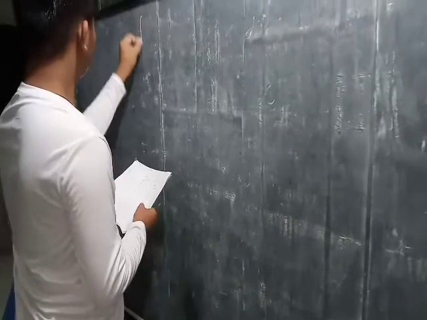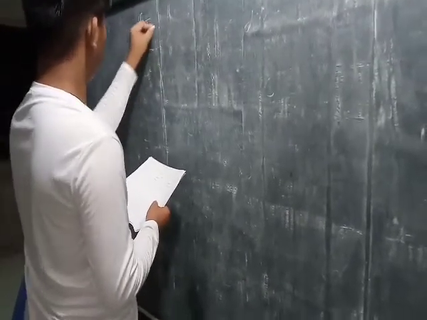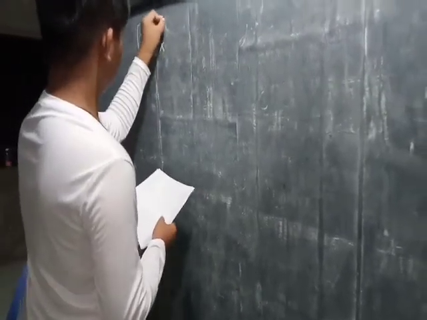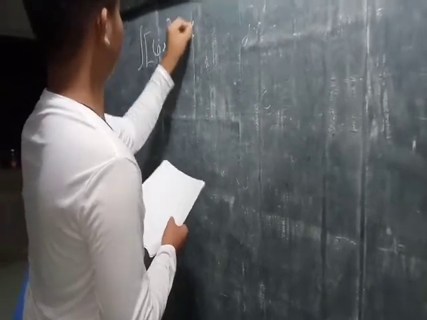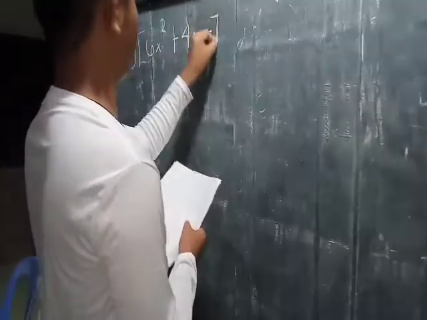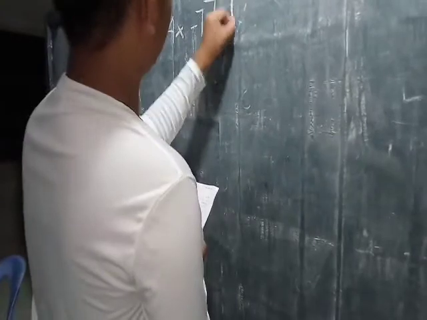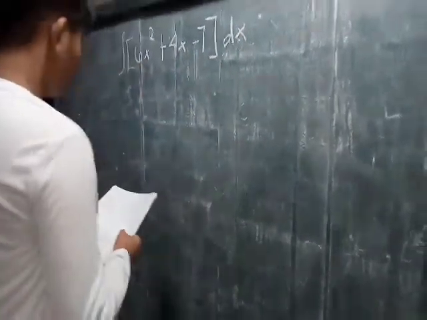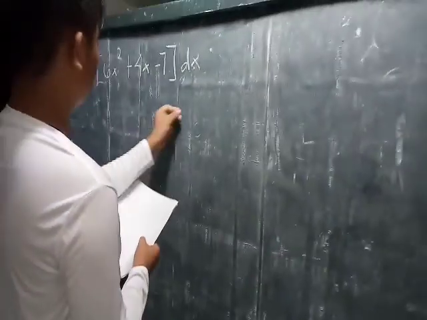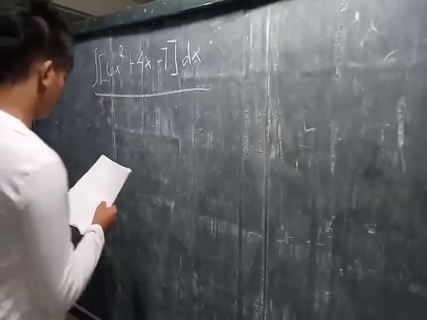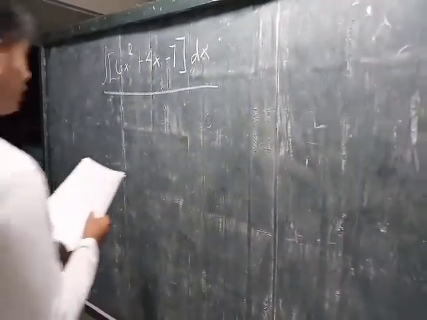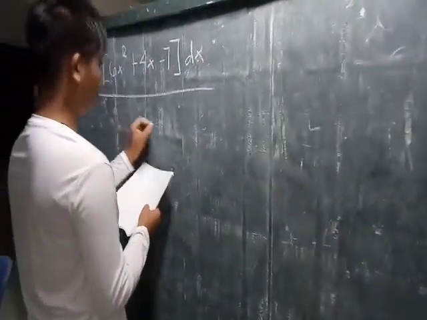Find the integral of 6x squared plus 4x minus 7 dx. We're going to find the antiderivative of this particular trinomial. Let's start by adding 1 to 2.